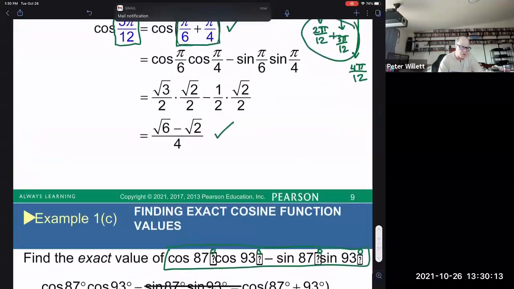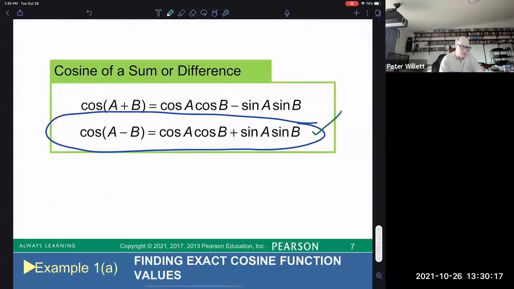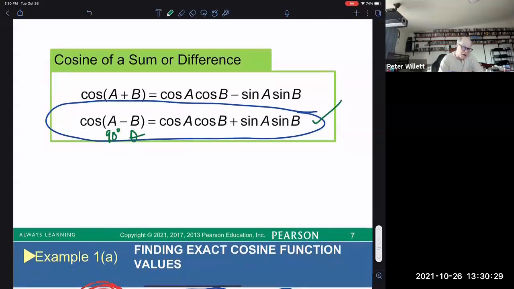So I could also consider applying a cosine of a difference here if one was 90 and the other was theta. They're basically justifying that what we knew before from the right triangles comes from these angles.